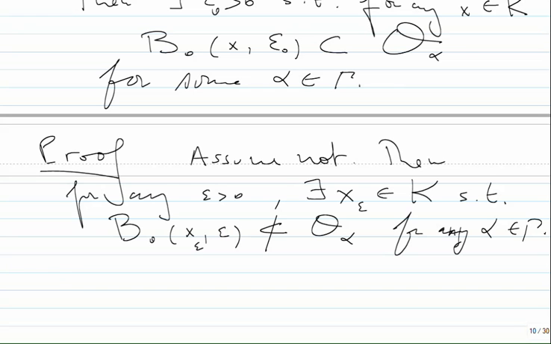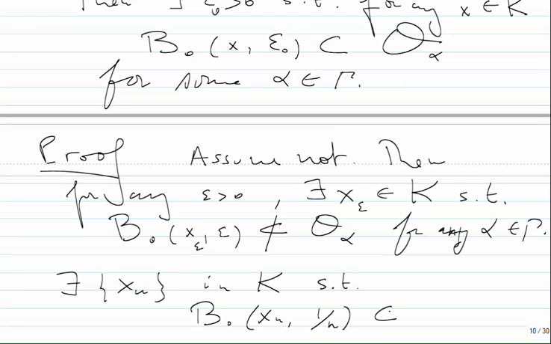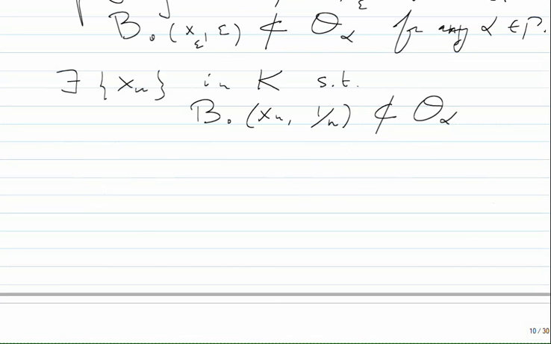There exists xn in K such that the open ball with radius 1 over n is not in O alpha for any alpha in gamma and n greater than 1. So this allows us to build the sequence xn.